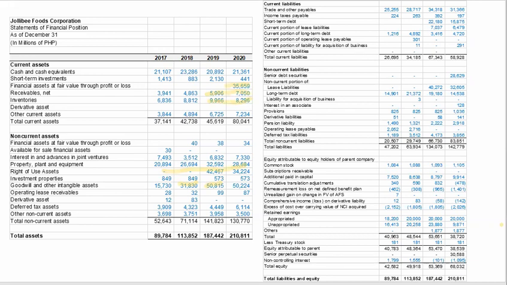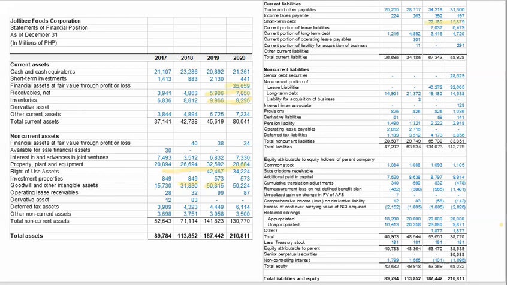Let's look at the liability side. Parang okay lang naman. Okay? So, in terms of current liabilities, ito medyo nag-reduce ng short-term debt, no? But it's understandable because of the pandemic, right? I mean, some liabilities will be due. No?